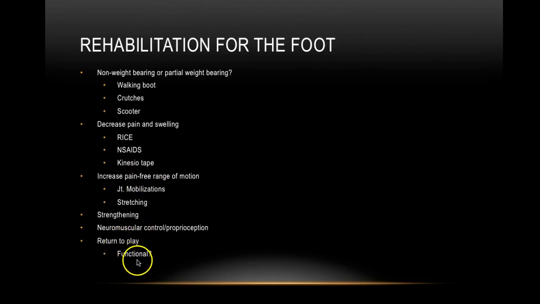So that's why I put this word here, functional, as in, okay, they have full range of motion, minimal pain, they're about 80 to 90% as strong on the injured side as they are on the healthy side. Their balance, their proprioception is back to normal, or for the most part it is. But is it okay for them to return to play at that point?